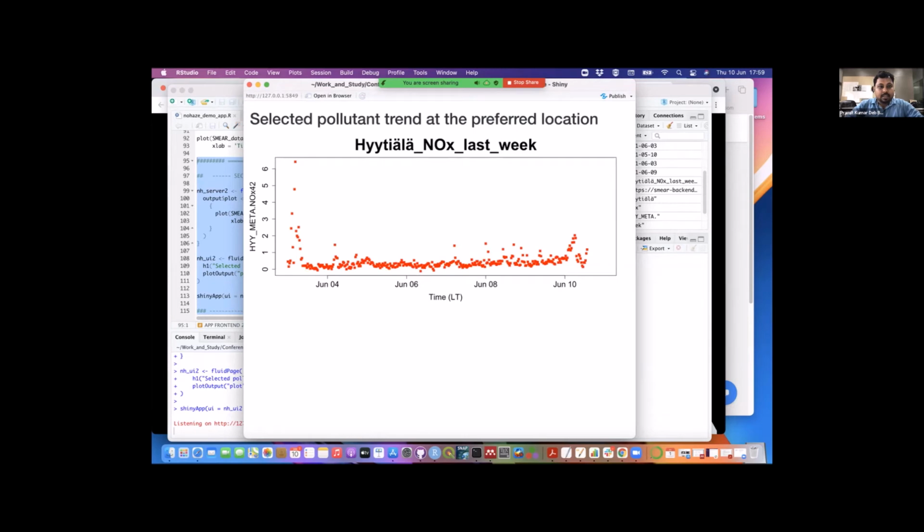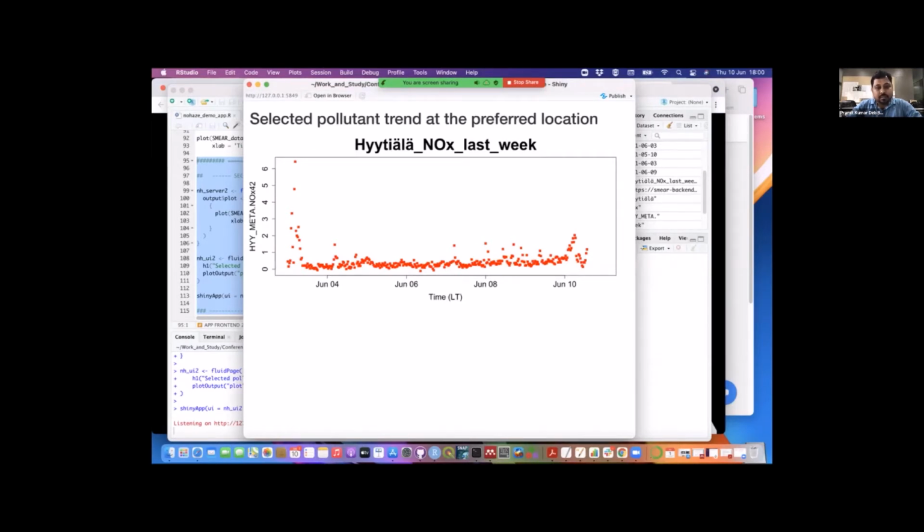where the user can see the selected pollutant trend at the preferred location, which was Hyytiälä and NOx, and for the last week. And then the user has the option to see how that particular pollutant varied at that particular location for the last window, that last week or last day or last month.